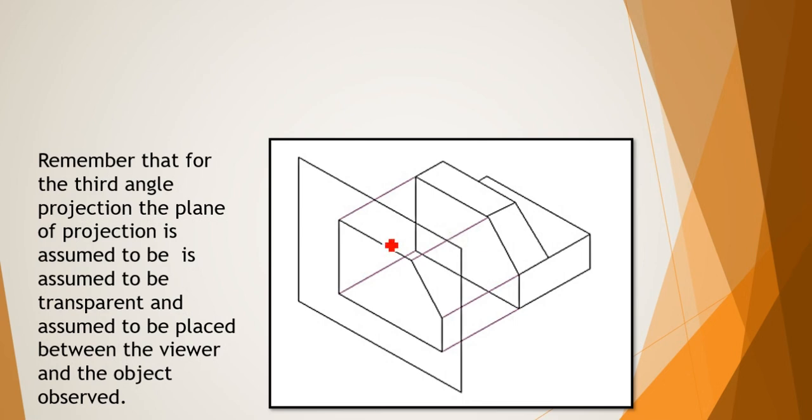Let's assume we have this model here. For third angle orthographic projection, assuming this is our eye here, this is our plane.